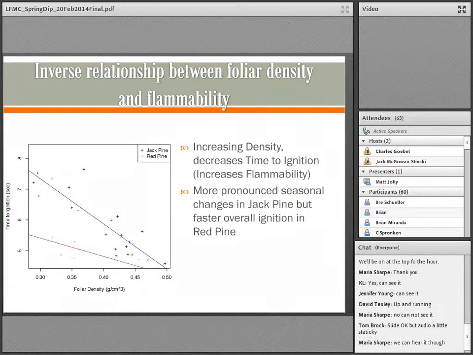So foliage with higher density is more flammable than foliage with lower density. And that's basically because the drivers of the density changes are simple sugars. And if you think about how your body works, if your body needs quick energy, the first place it goes to burn is the simple sugars and then complex sugars, and then it burns other things that release more energy but take more energy to break down later.